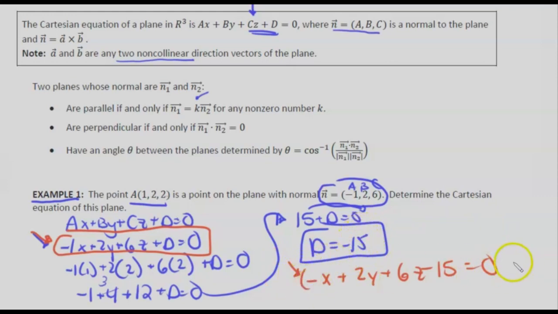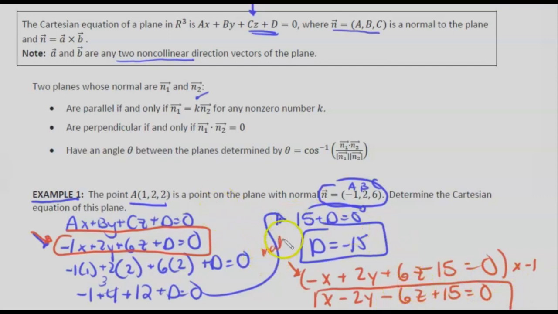So we can multiply or divide this equation by negative 1 to give us x minus 2y minus 6z plus 15 equals 0. These two are equivalent, and that's going to be our Cartesian equation. So we can just say make the leading sign positive.